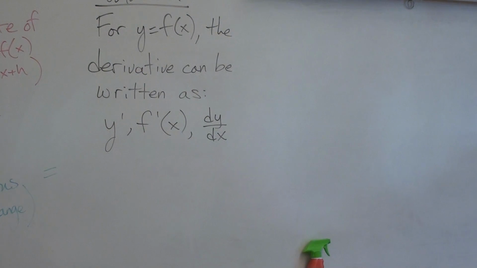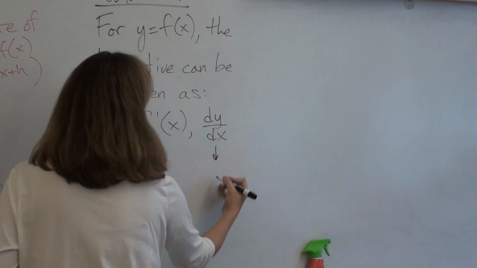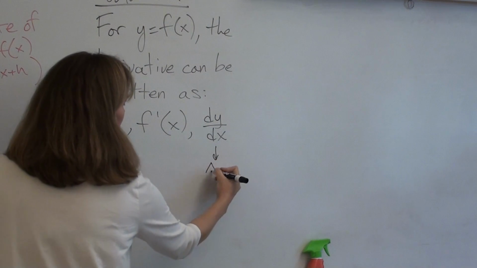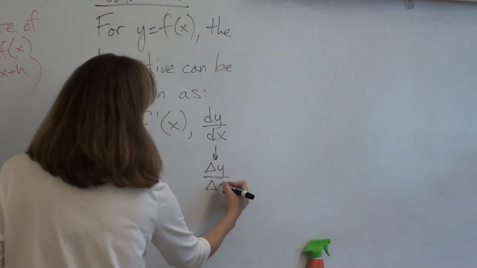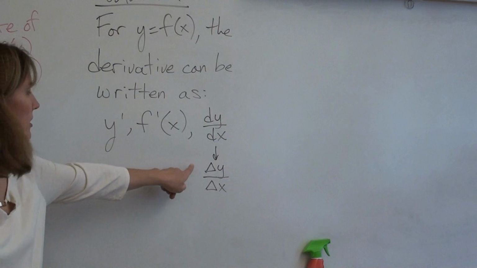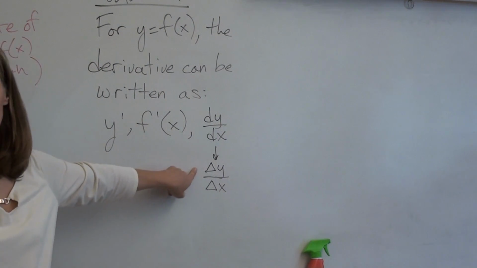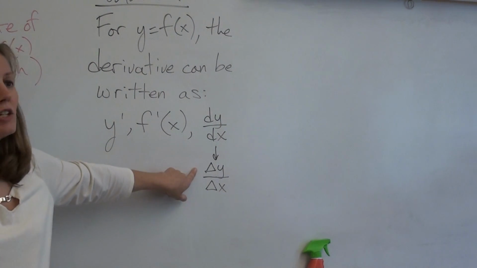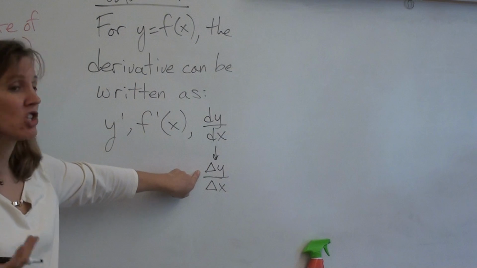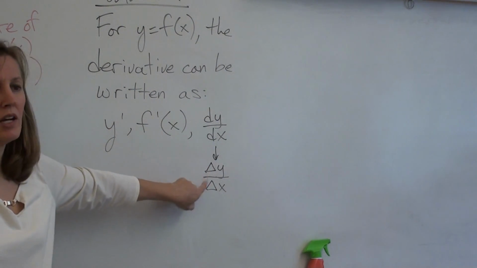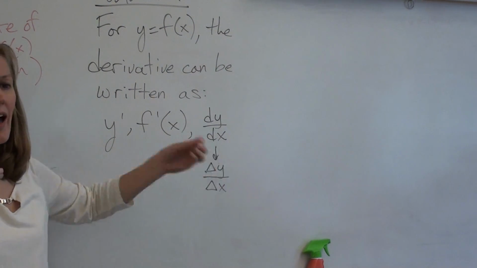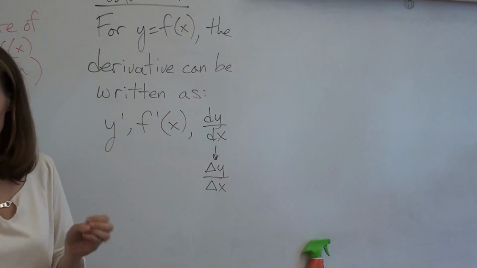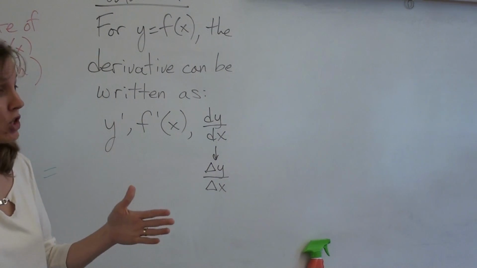You can also write dy dx. Now dy dx I like because it reminds me of the old slope formula you used to write when you were young: delta y over delta x. What does delta represent? Change. So delta y over delta x represents the change in y over the change in x. This is talking about an average rate of change between two values, when there actually is a value of change.